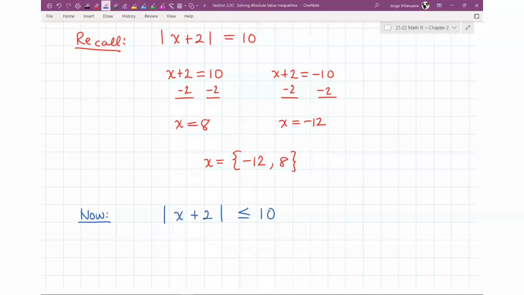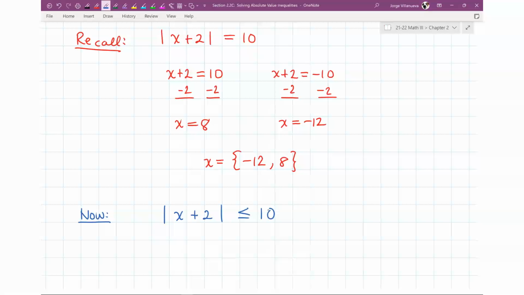I'm going to deal with this the same way I did the other problem right above, but two things have to kind of change in these inequalities. So first off, you want to get your absolute value all by itself, which again, this one is. I made sure it was, so we don't spend extra time doing that.